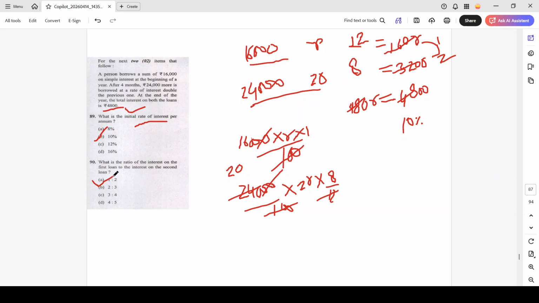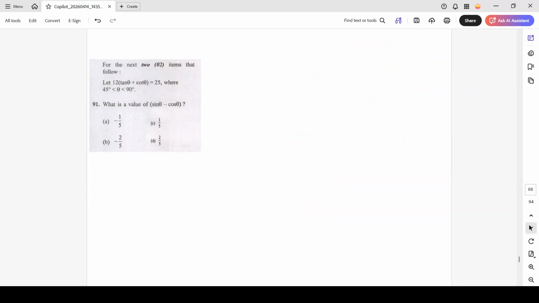That means E. Now move on to the next question, 91. Final tension questions. 12 tan theta plus cot theta is equal to 25 by 12. So here, what is given to us? Tan theta plus cot theta is equal to 25 by 12.